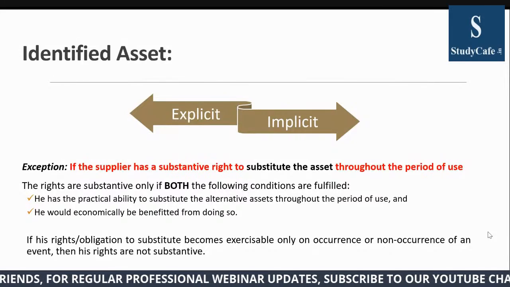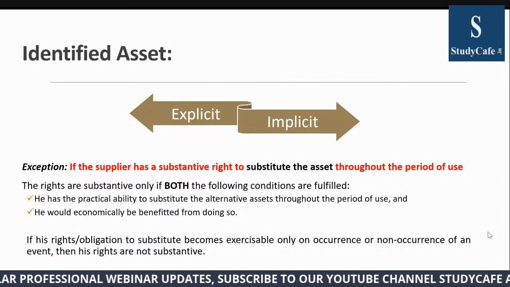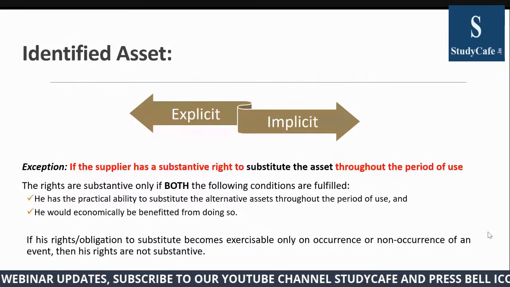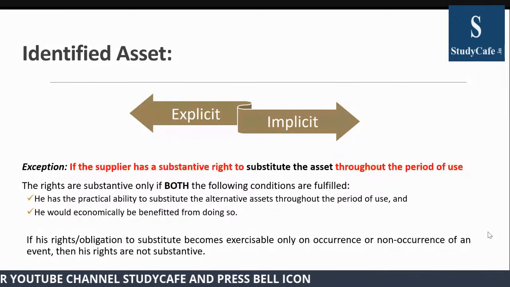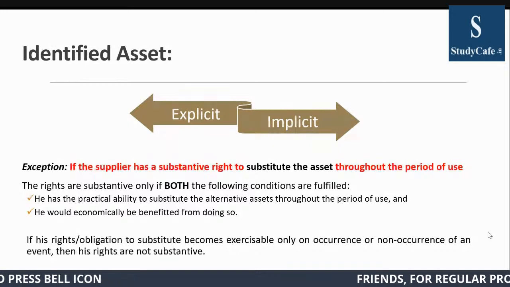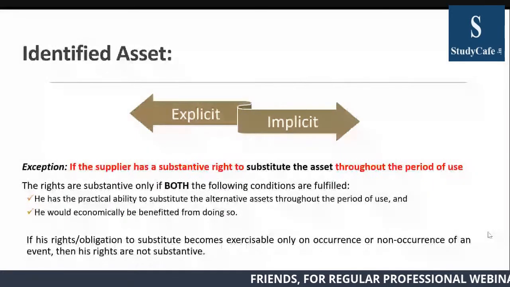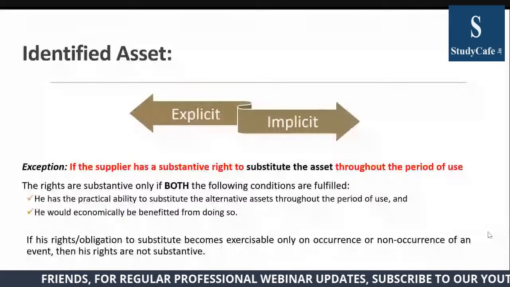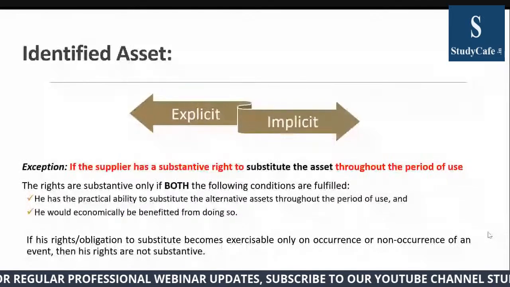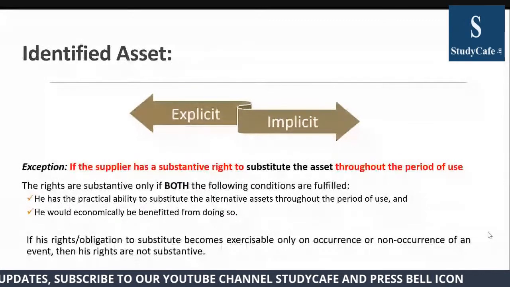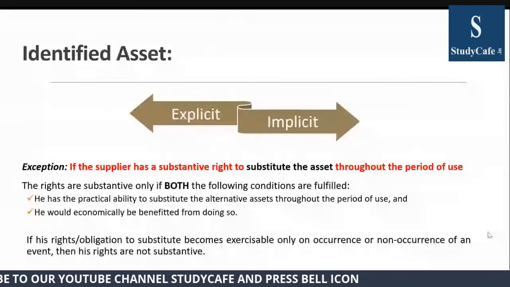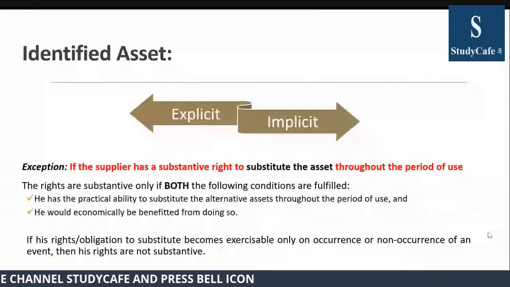As per Ind AS 116, an asset can be explicitly identified in the contract or implicitly specified in the contract. It means that all the specifications regarding the asset, be it its nature, brand, size, color, all the specifications that are necessary to define that asset, are mentioned explicitly in the contract.